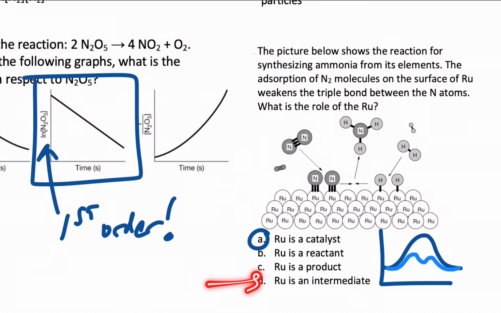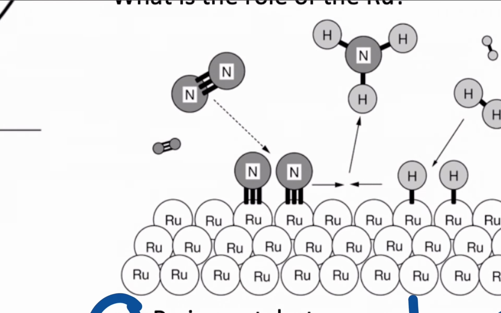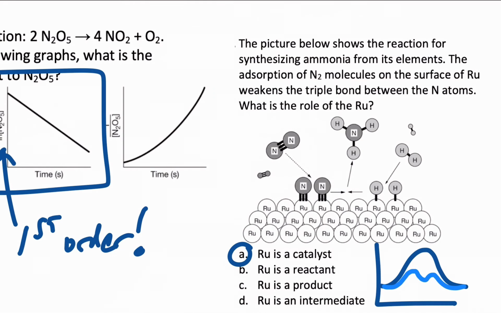Notice they even give me the incorrect answer of ruthenium being intermediate, and that is not the case. An intermediate would be maybe the correct answer if they asked me about an individual complex of ruthenium nitrogen, but the ruthenium atoms themselves are consumed and then regenerated. That's what a catalyst does.